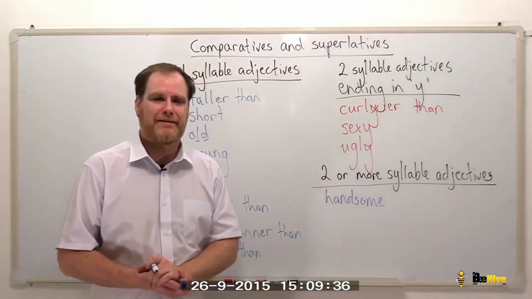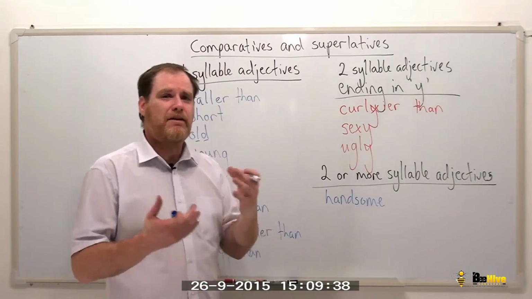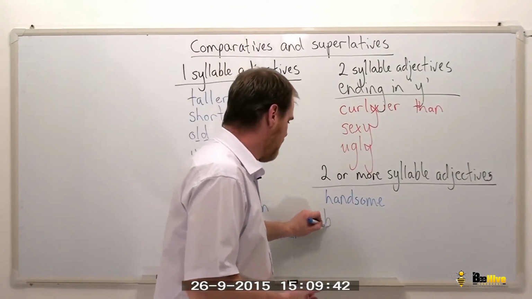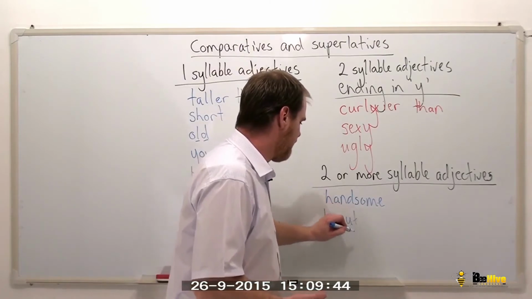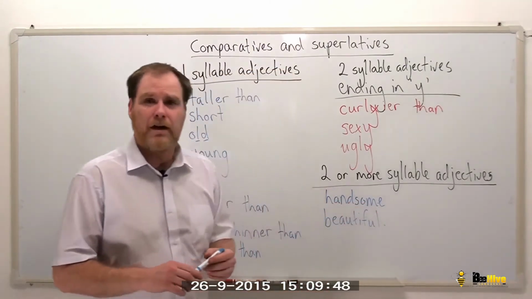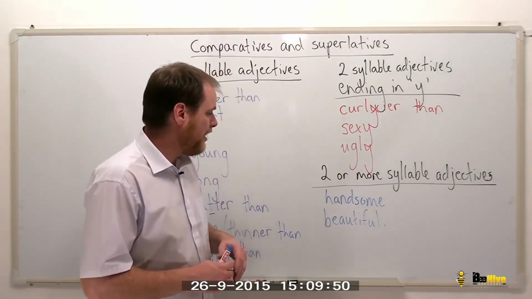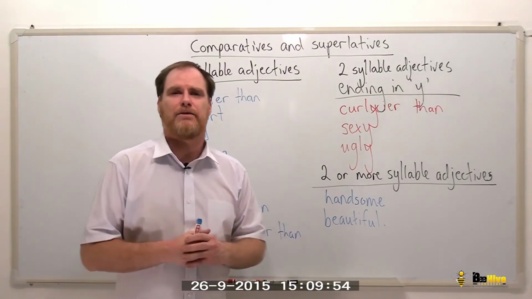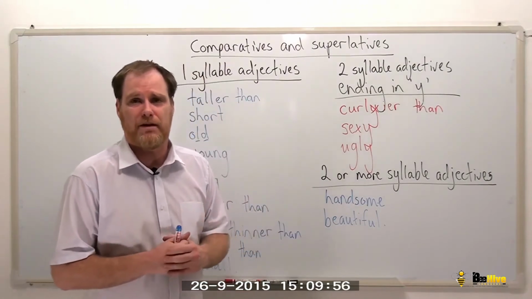Okay? Handsome. But if a girl is very good looking, we say she is beautiful. And can you think of some other two or more syllable adjectives that we would use to describe a person?